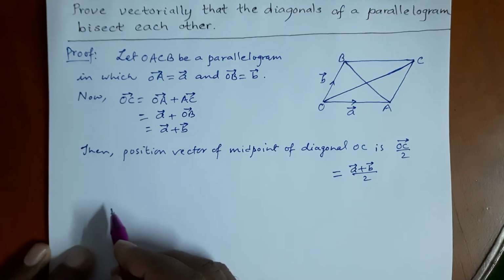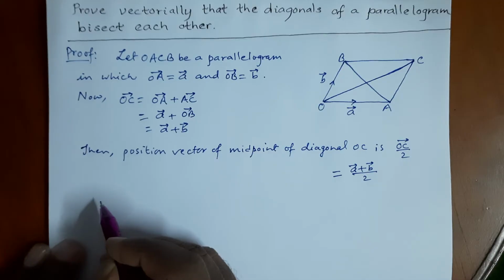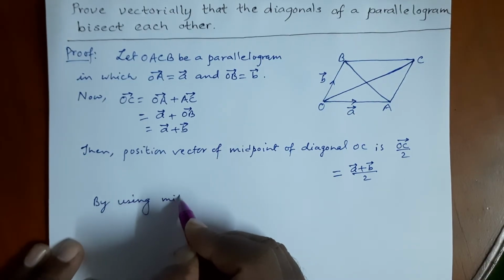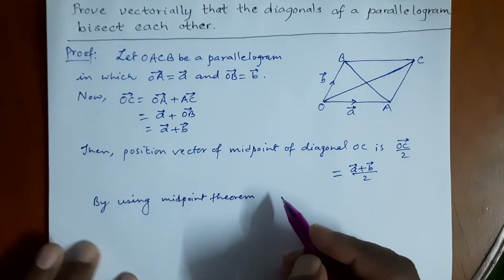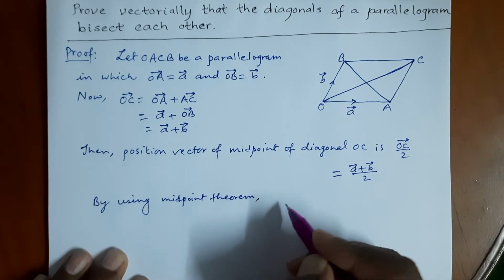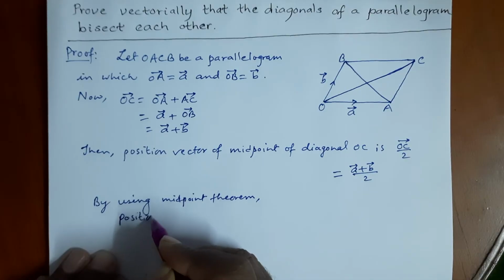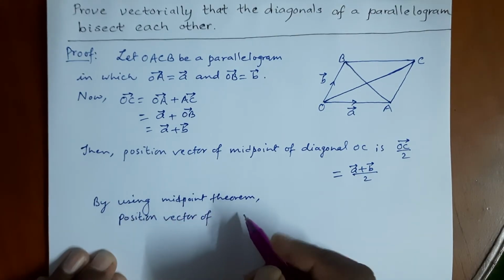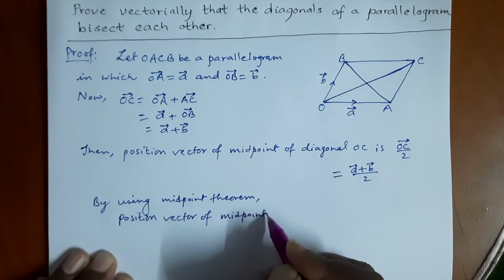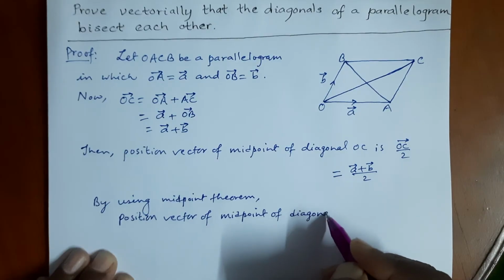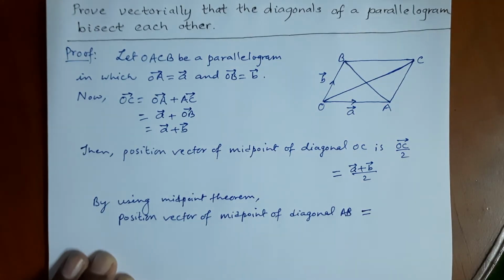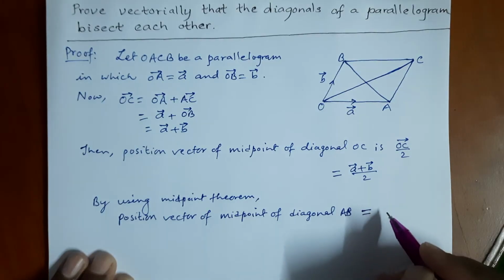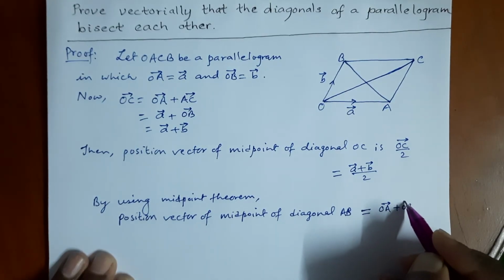And now, by using the midpoint theorem for vectors, the position vector of the midpoint of diagonal AB equals vector OA plus vector OB over 2.